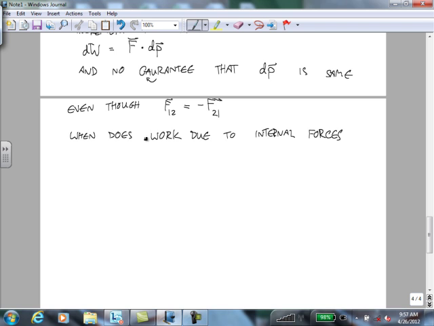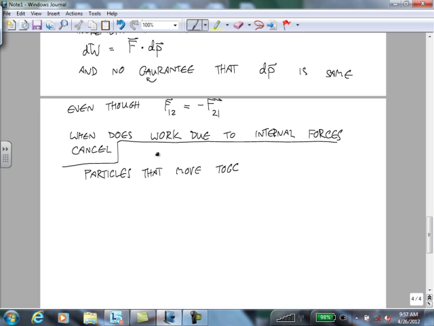Well, if you have two particles that are stuck together, that move together, okay, so say there's your particle 1, here's your particle 2, they're stuck together. So they have a shared velocity vector like that.